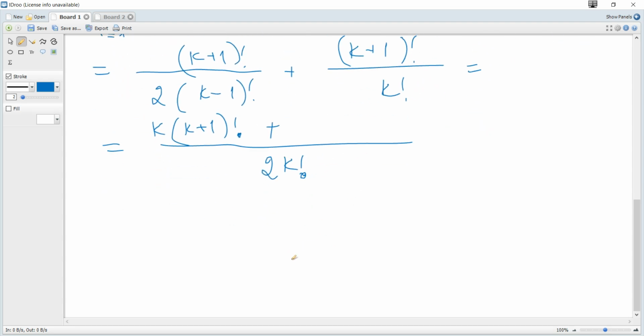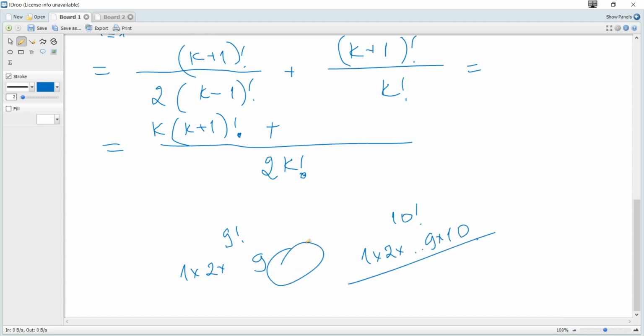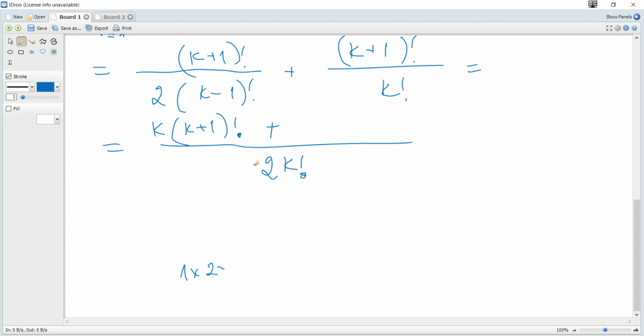I hope it's clear, because if it's 9 factorial and 10 factorial, it's 1 times 2 times 9 times 10, and we just multiply this by 10, but it's just the last value, just k. Or it's because k factorial, it's what? K minus 1 factorial multiplied by k.